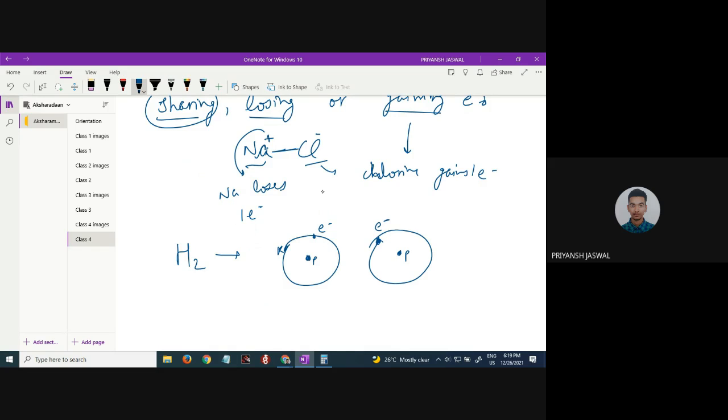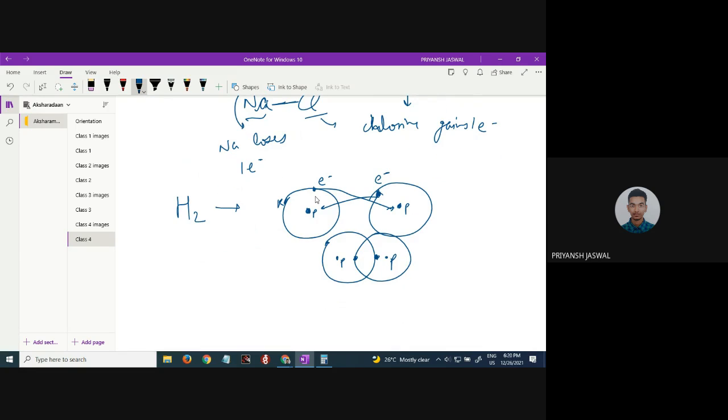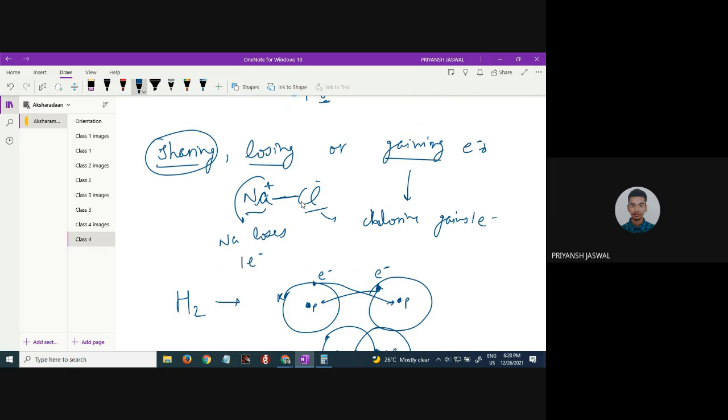Neither of them can just transfer it because it is the only electron they have. So they form what is called a covalent bond, and they both share the electrons. This electron will be shared with this nucleus, and this electron with this nucleus. So now they both have 2 electrons, but they are not solely for one atom. It is a kind of joint agreement. So they attain stability by sharing electrons. So these can be 3 instances: sharing, losing, and gaining.